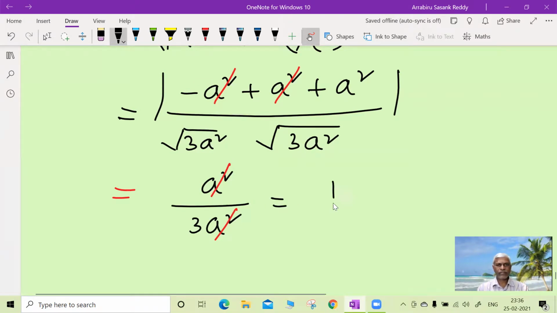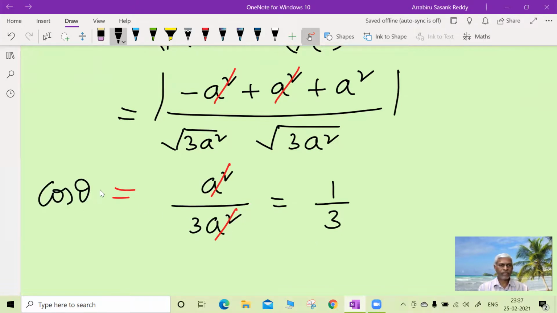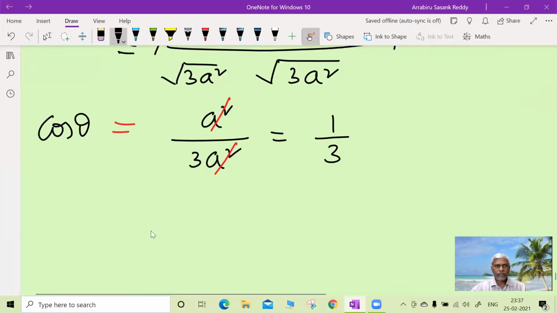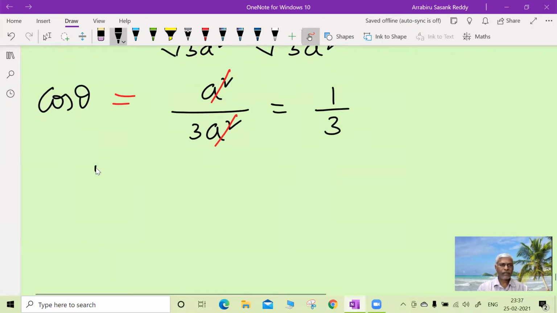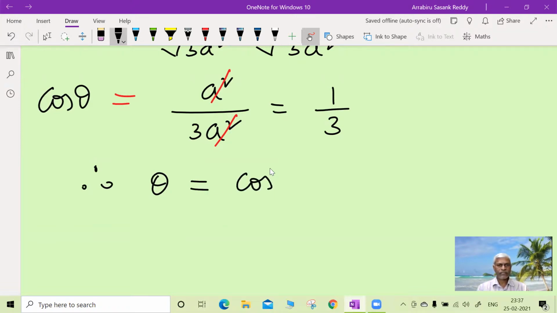This becomes 1 by 3. Cos theta is equal to 1 by 3, or the angle between any two diagonals is cos inverse 1 by 3.